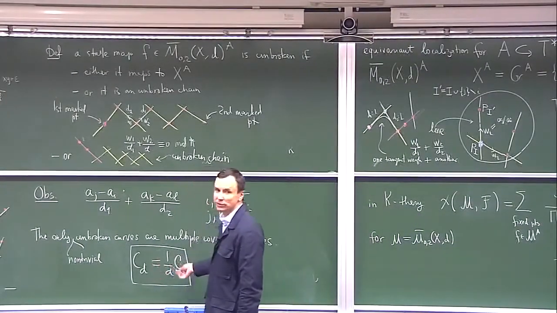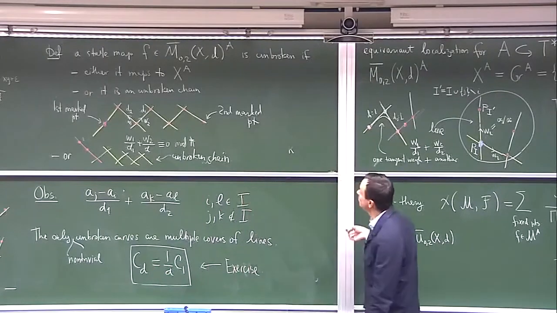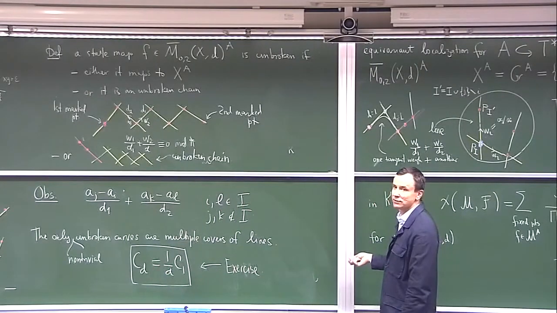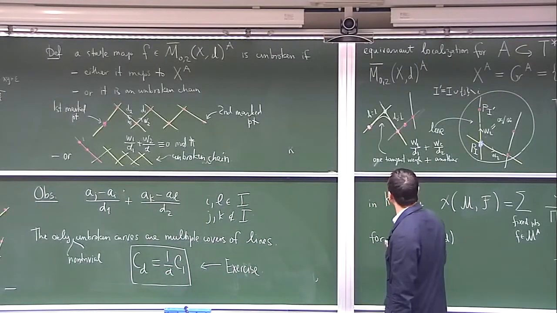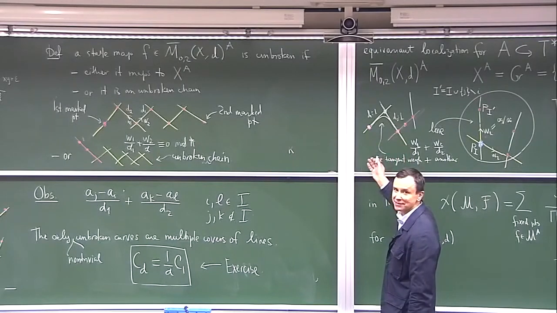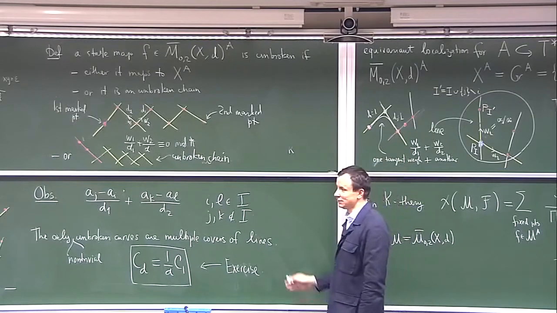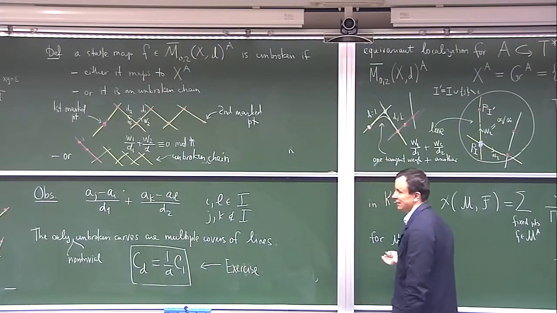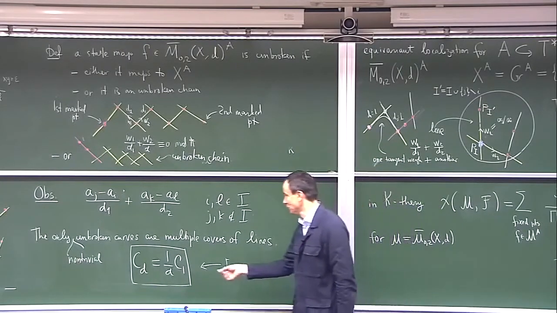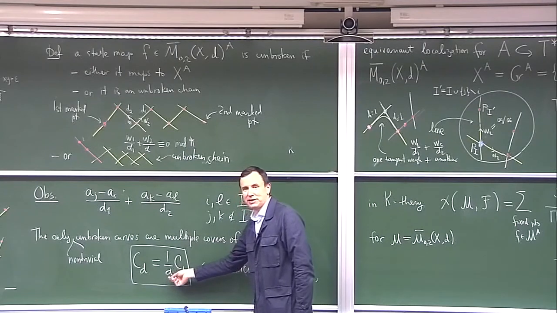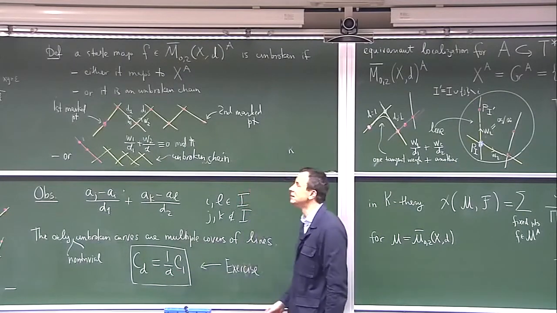The way to do it is you compute the contribution of one single curve, one single map, any one you choose, and you see what the weights say. The only interesting thing will be this d.